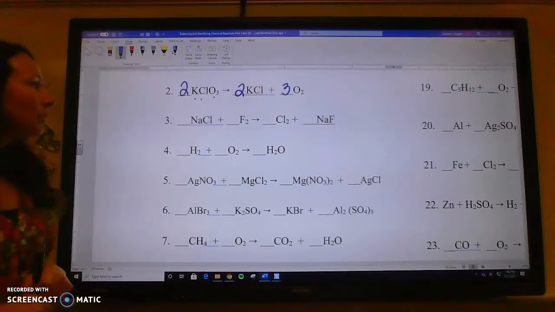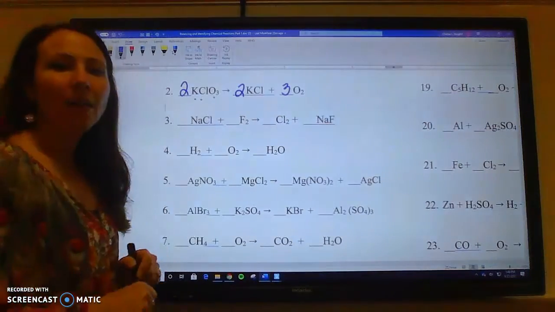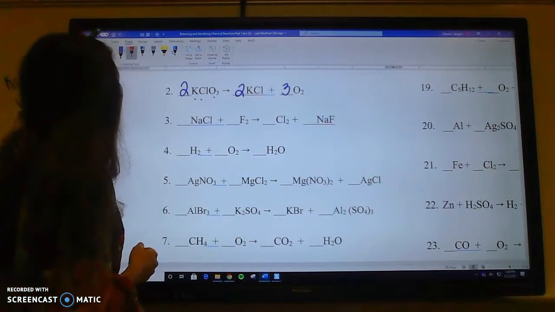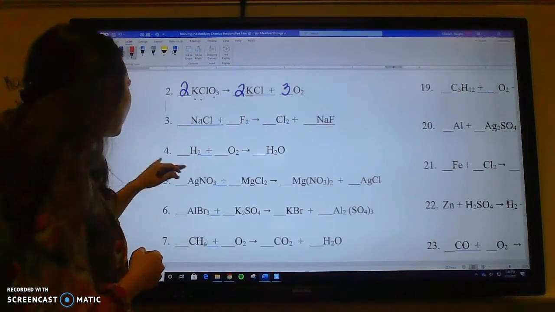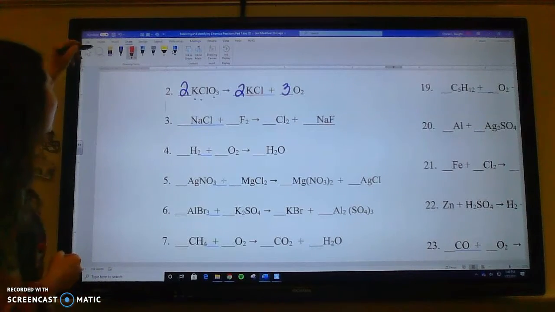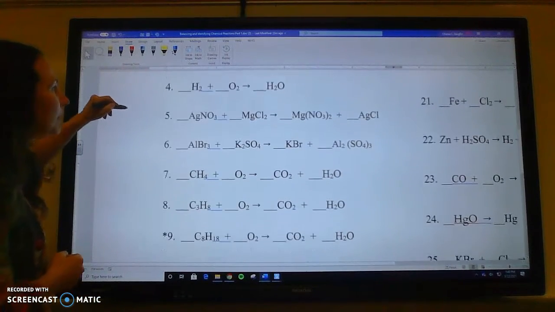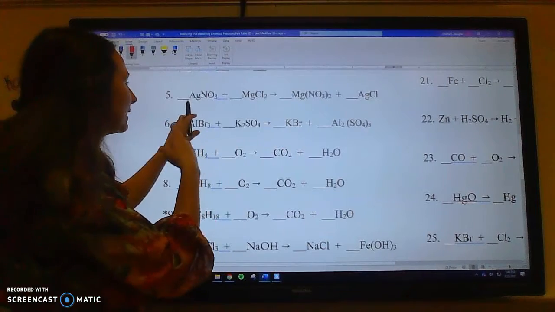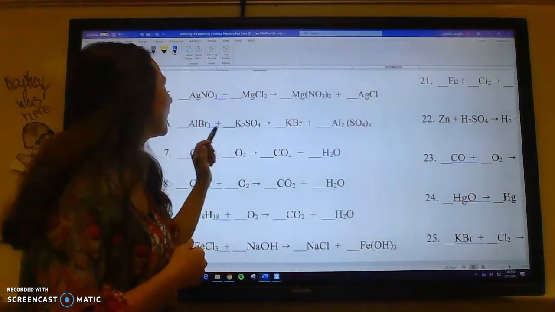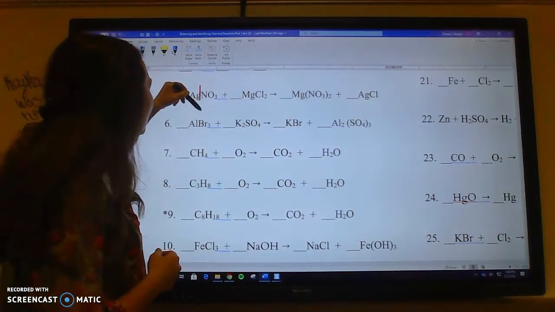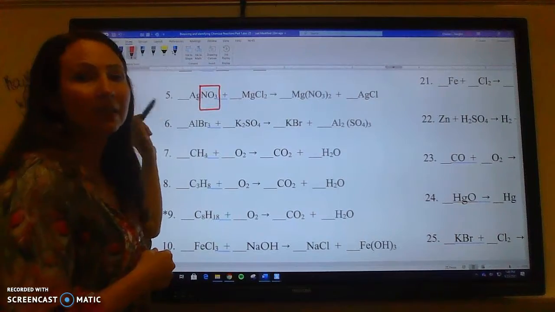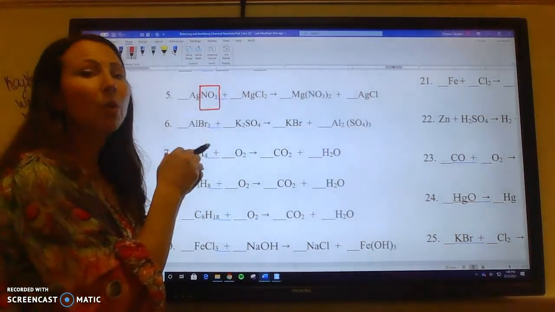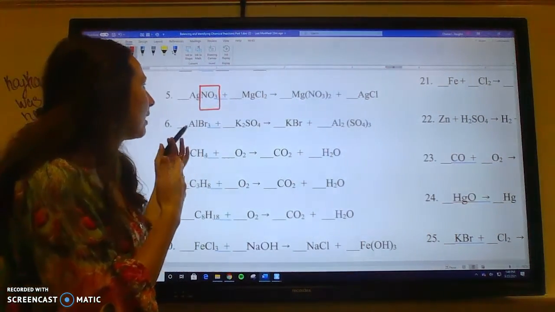Alright, moving on to the next one, number 5. That one's going to be a little tricky. Looking at number 5, notice we have 1 silver on the reactant side and 1 on the product side. And then we could either look at NO3 together, as one group, or we can separate the nitrogens and oxygens.